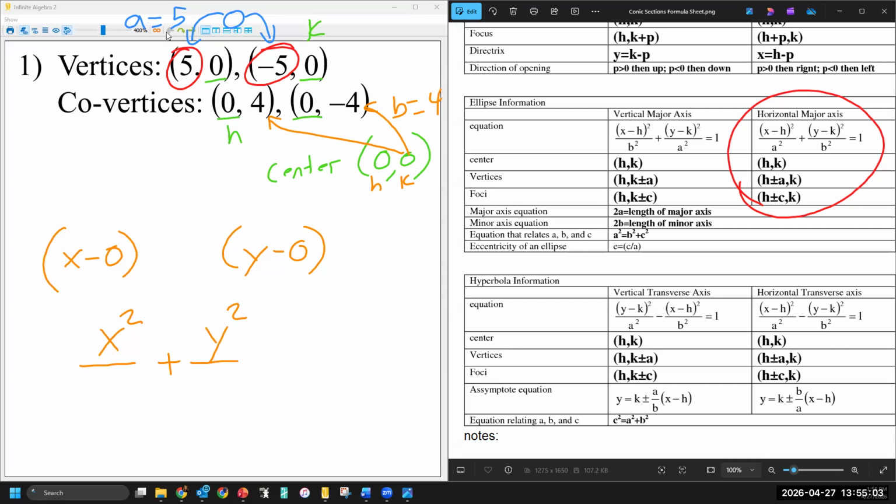In this case, since they're both 0, both of them are just X squared, Y squared. We are horizontal, so the A squared is going to go under the X. A is 5, so we'll put 25 here. B is 4, I'll put 16. And there we go. Now you should be able to do number 3, 4.